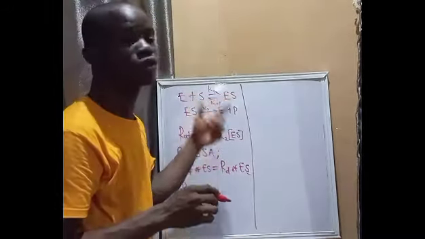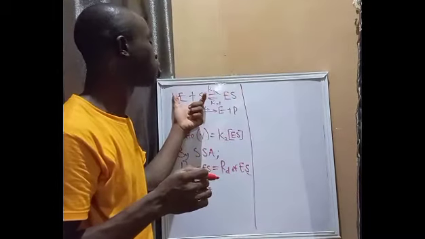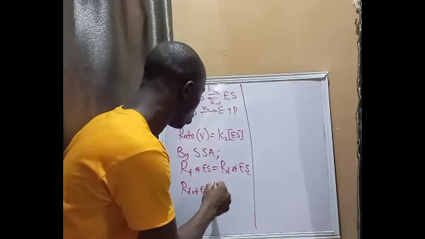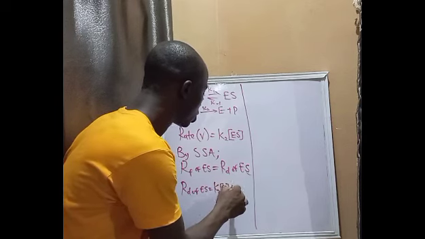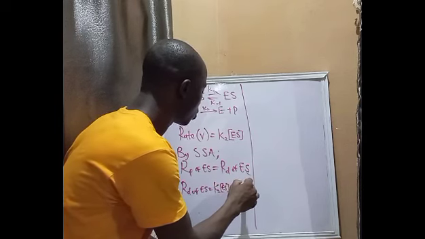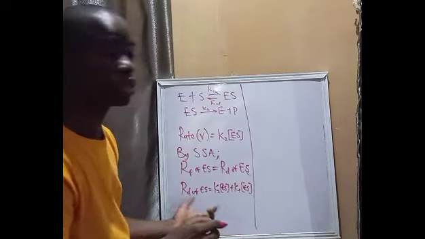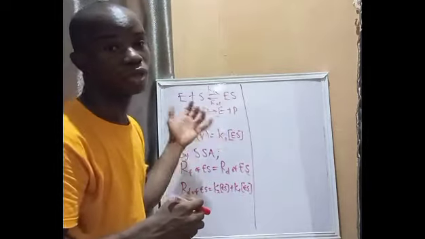At the same time, in the first step, which is an equilibrium step, ES can also decompose to give us enzyme and substrate. So that will be k2 times ES plus k minus 1 times ES. So that's the rate of decomposition of the enzyme substrate complex.